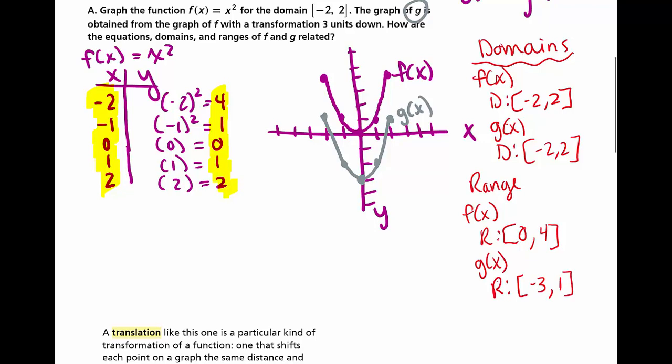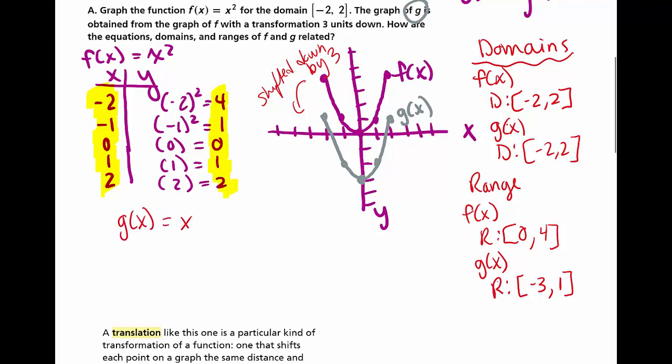So look and compare the ranges. If you can see, the minimum of the range has actually decreased by 3. And the upper end of the range has actually decreased by 3. And that's because the whole graph shifted down by 3.